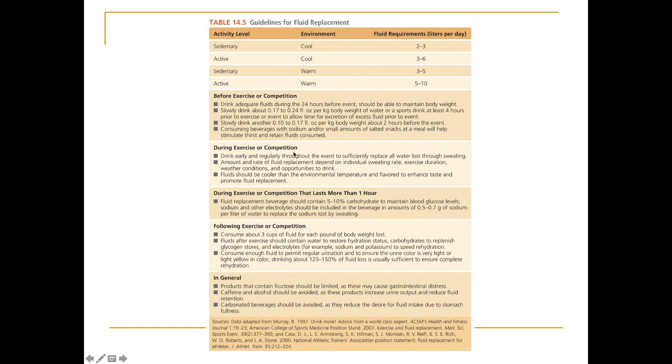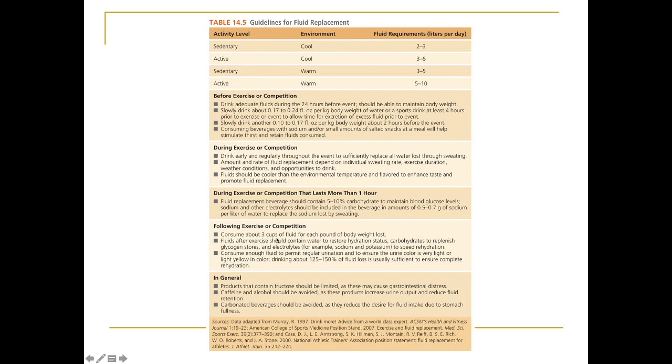This series of blurbs gives you more specific amounts of ounces per pound or kilogram of body weight for various activities. I'm not going to read through all of them, but in general, you want to consume about 3 cups of fluid for each pound of body weight that you lose during exercise or competition.